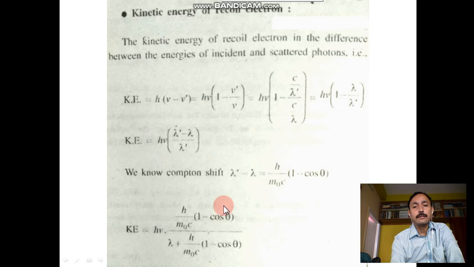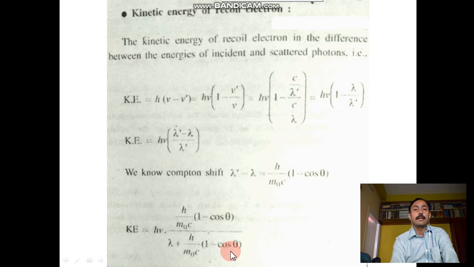Changing the value of lambda dash, lambda dash is equal to lambda plus h by m naught c 1 minus cos theta. It becomes kinetic energy equal to h nu into h by m naught c 1 minus cos theta by lambda plus h by m0c 1 minus cos theta.